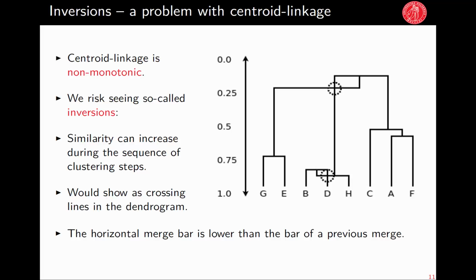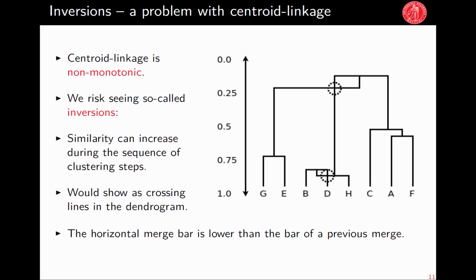And here we've visualized what this means in practice. So we mean that in our dendrogram we get these crossing lines where the given merge has now been done at a higher degree of similarity than the previous merge in the clustering. So these crossing lines here with circles around them in the dendrogram correspond to what we would call inversions.